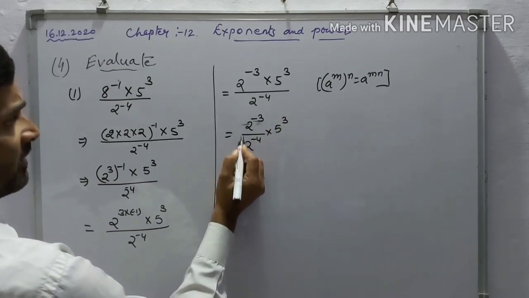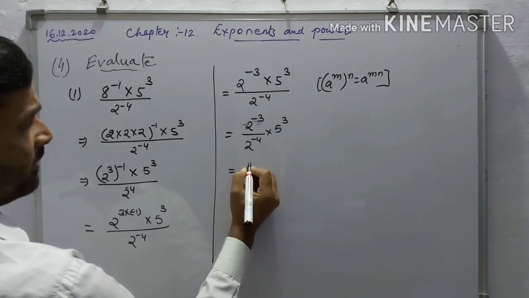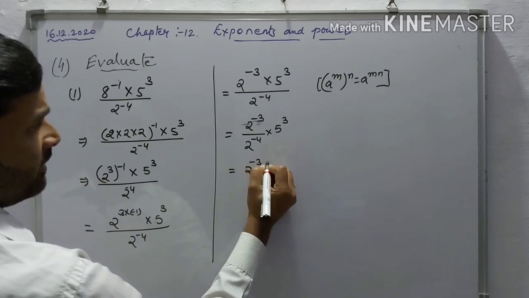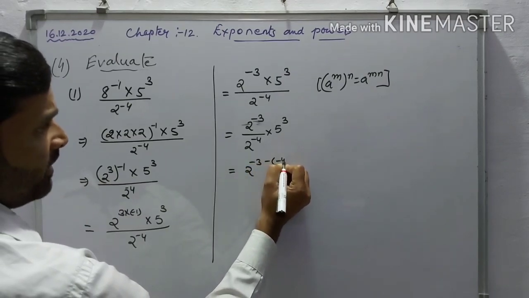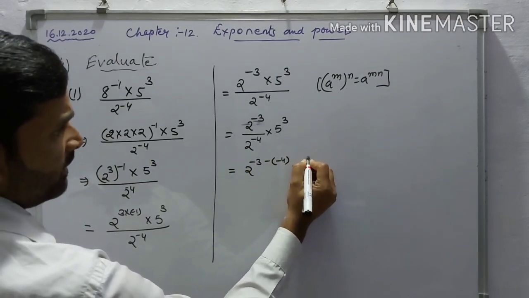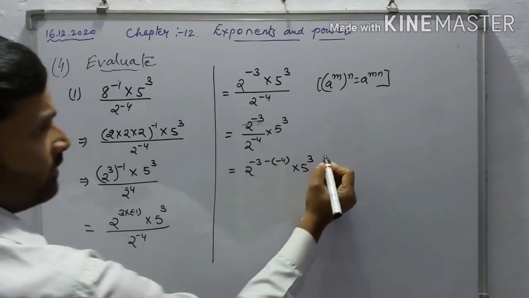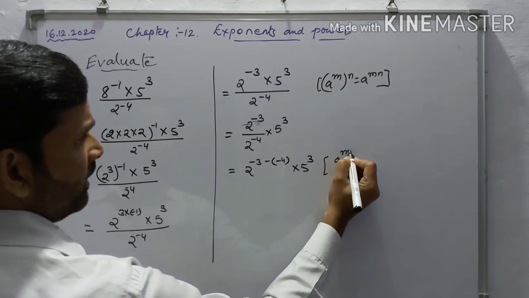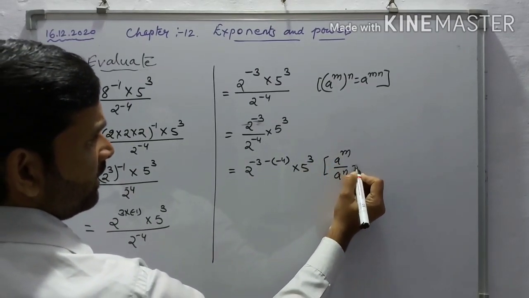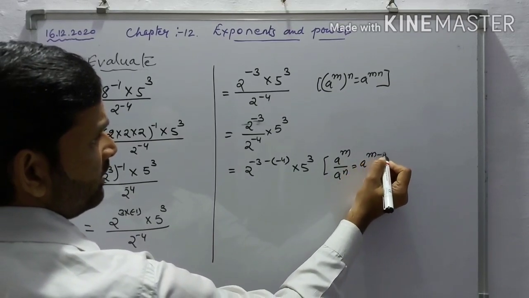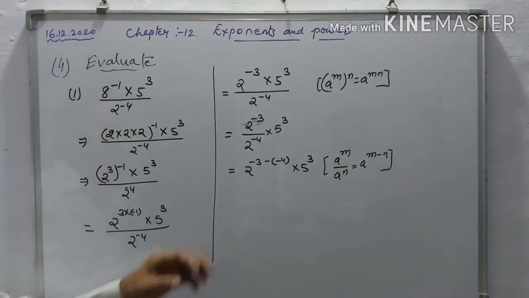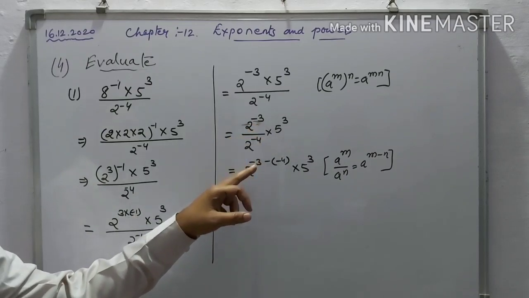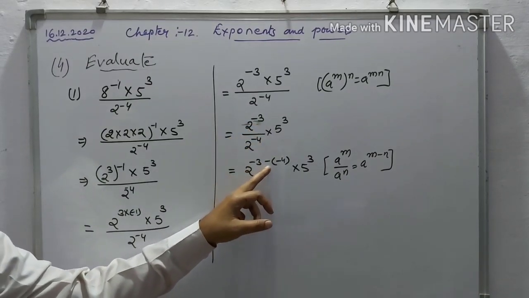Now here we write 2 to the power -3 upon 2 to the power -4 into 5 to the power 3. Their bases are the same and it is divided, so 2 to the power -3 minus -4 into 5 to the power 3. Here we use a to the power m divided by a to the power n is equal to a to the power m minus n.